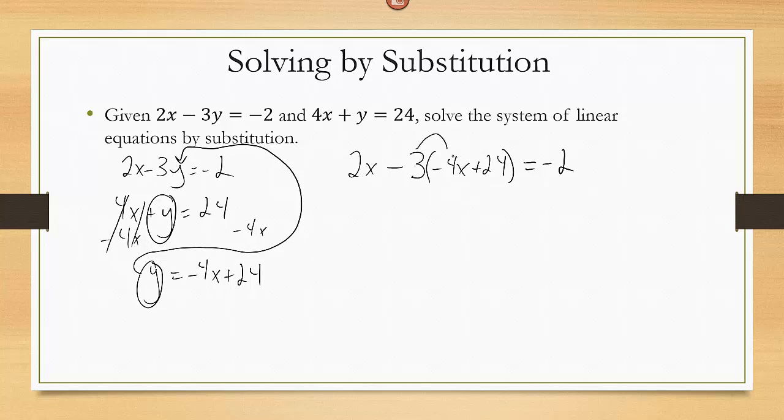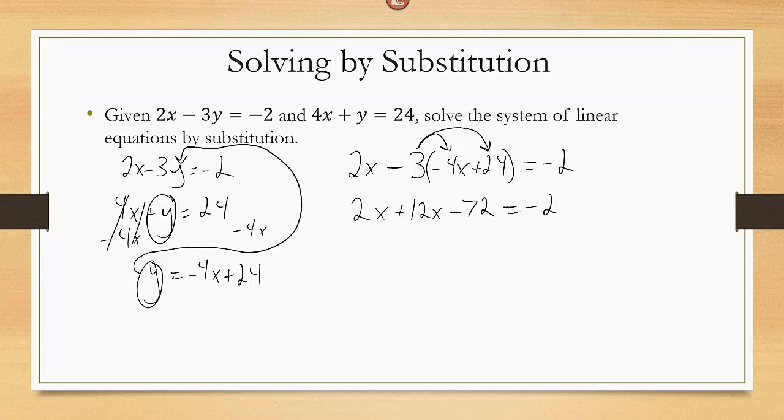Then we're going to distribute our 3. So we have 2x plus, because a negative times a negative is a positive, 12x. Negative 3 times positive 24. We're going to have 3 times 4. That's going to be 72. So minus 72 equals negative 2.